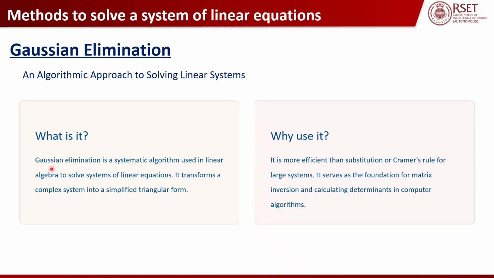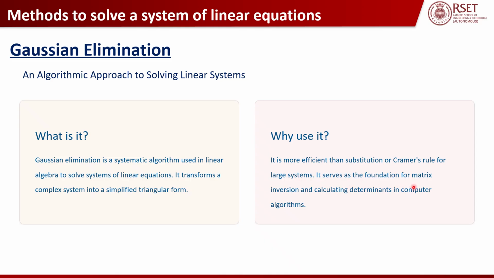Gaussian elimination is a systematic algorithm used in linear algebra to solve systems of linear equations. It transforms a complex system into a simplified triangular form. And why are we using it? It is more efficient than substitution or Cramer's rule, which I think you have already studied, for large systems.